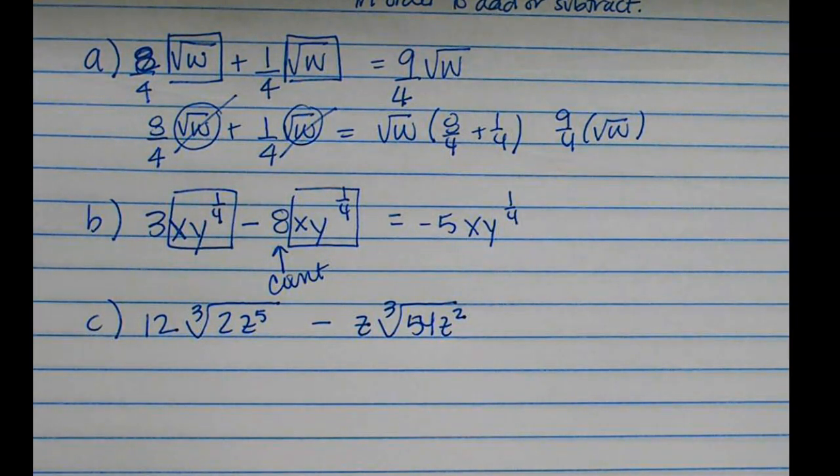So write that down carefully because it's got a lot of stuff happening. 12 cube root of 2z to the 5th minus z cube root of 54z squared. Right now, obviously, they're not the same. If you put it in a box, they wouldn't be the same. But the second one, even the first one: the first one, is there anything we can take out of the radical?